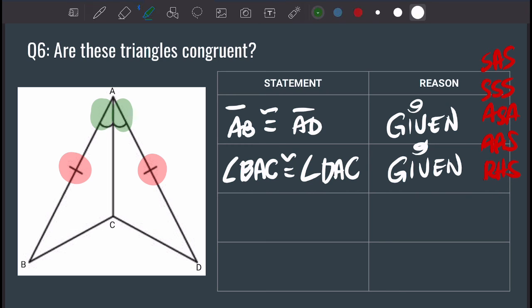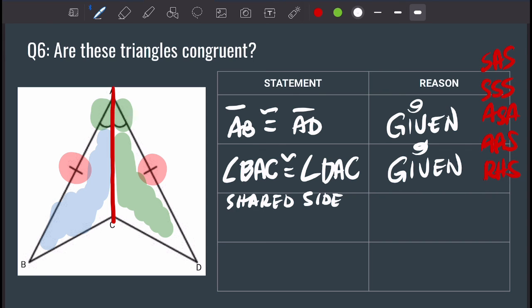So there are two triangles. We have triangle ABC and triangle ACD. And what do they share? They share a line, they share a side. Remember, what property is that?